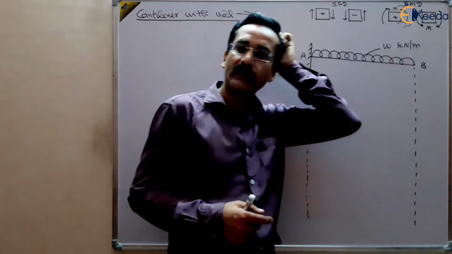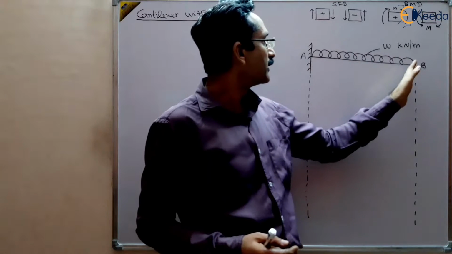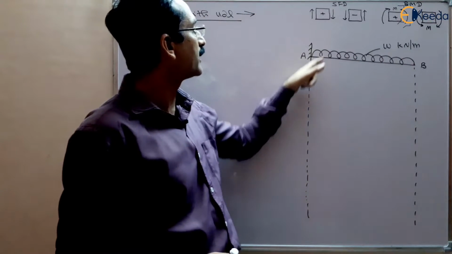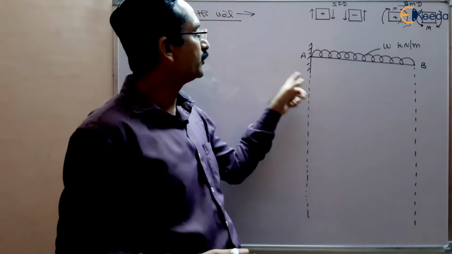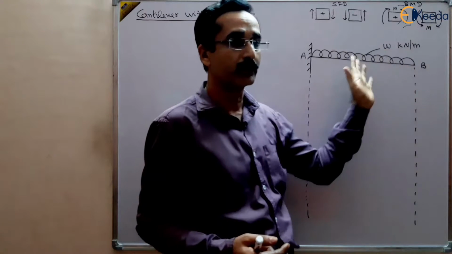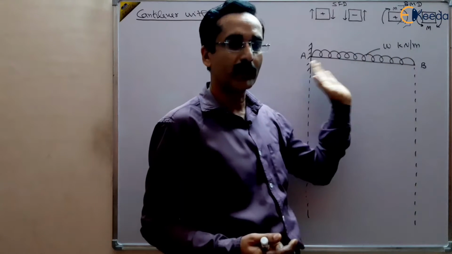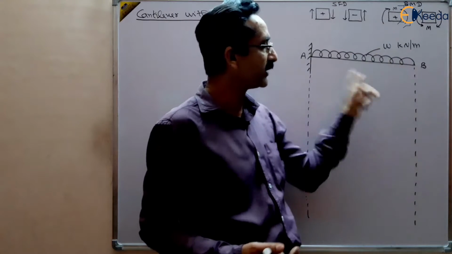For a cantilever, it is always better to take the cross section from the free end. Otherwise, the moments at the fixed end are unknown, so it will be difficult to find the value. Although you can take from any side, it is better to take the cross section from the free end.